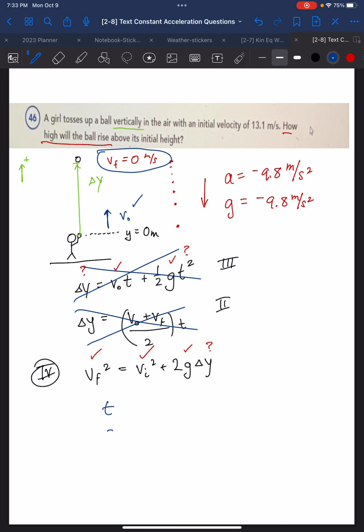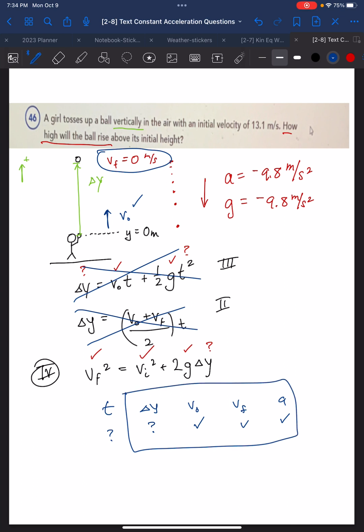Do I know time? No. Do I know delta y? No. Do I know initial velocity? Yes. Do I know final velocity? Yes. And do I know acceleration? Yes. And so I need the equation that cuts out time. Okay, let's solve it.